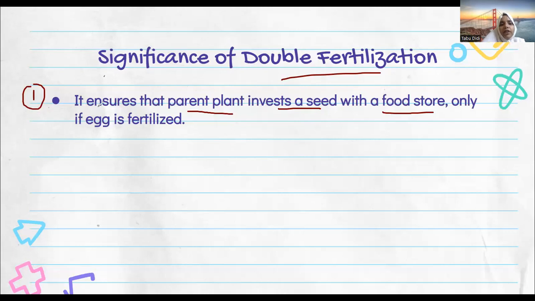So the first important point of double fertilization is that the parent plant will invest in the production of a seed which will come with a food storage, and this will happen only as a result of fertilization. A seed is formed only as a result of fertilization. So this is one of the major benefits of double fertilization, that you get a seed after fertilization.